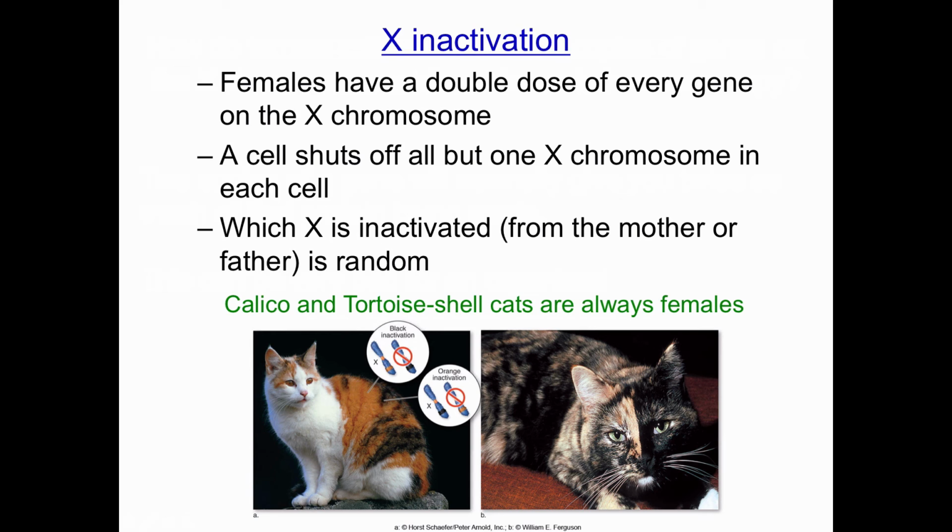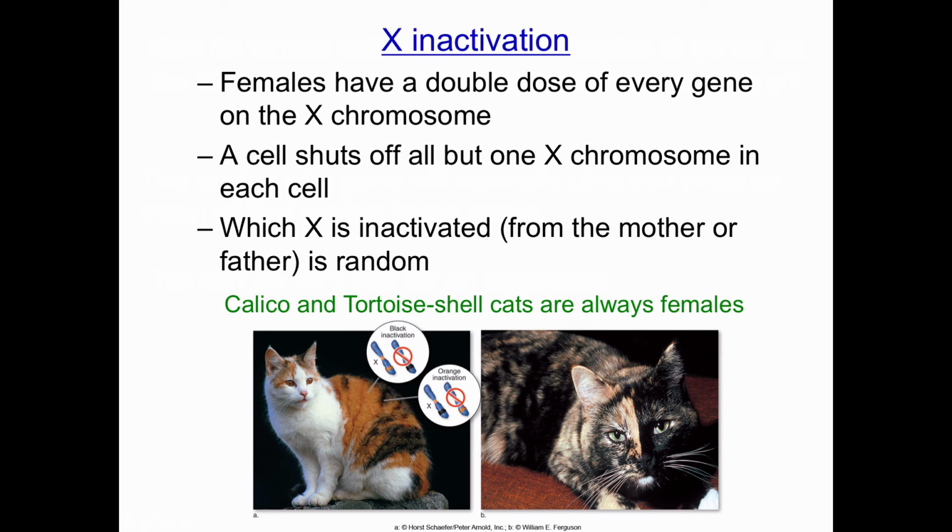During development, in some cells, the X for the black coat color has been inactivated. And in other cells, the X that carries the orange coat color gene has been inactivated. And then those cells continue to divide and divide and divide, just like what happens during the process of development.